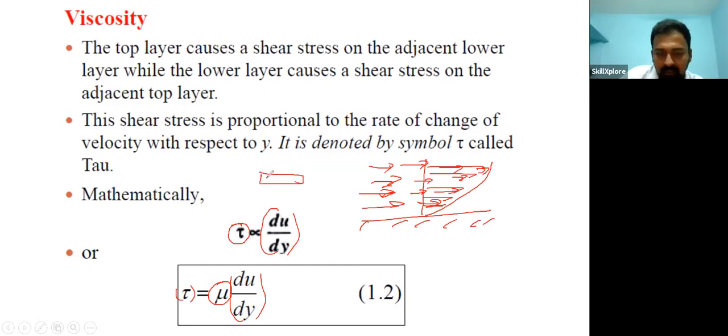if a body is subjected to equal and opposite force, and the body is in equilibrium, this will create a shear in the structure.